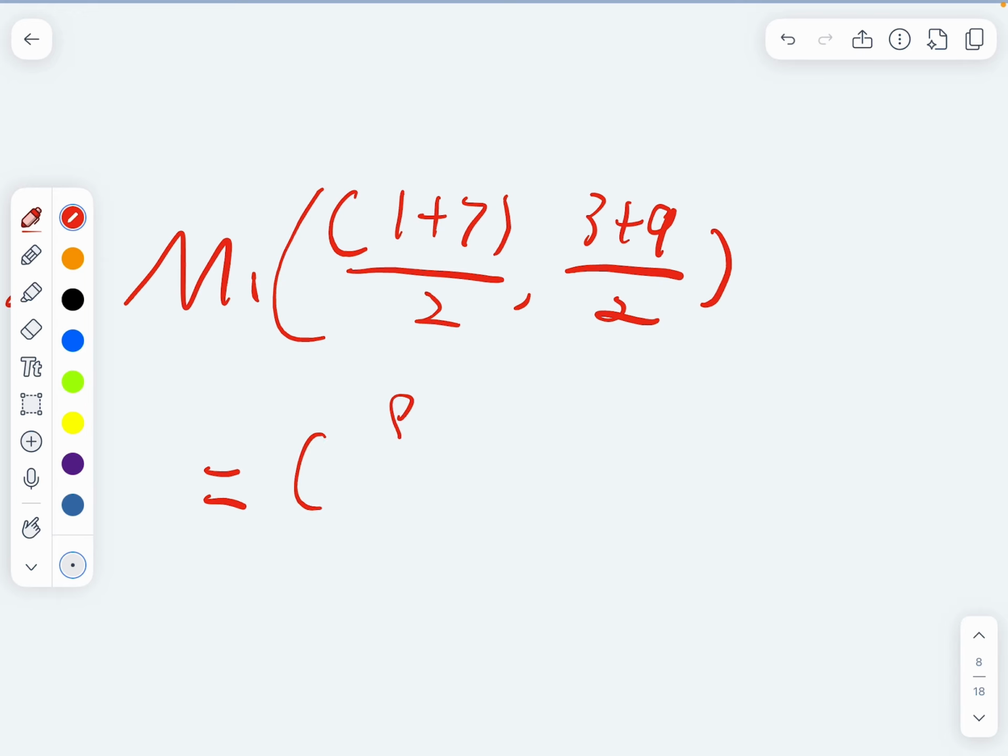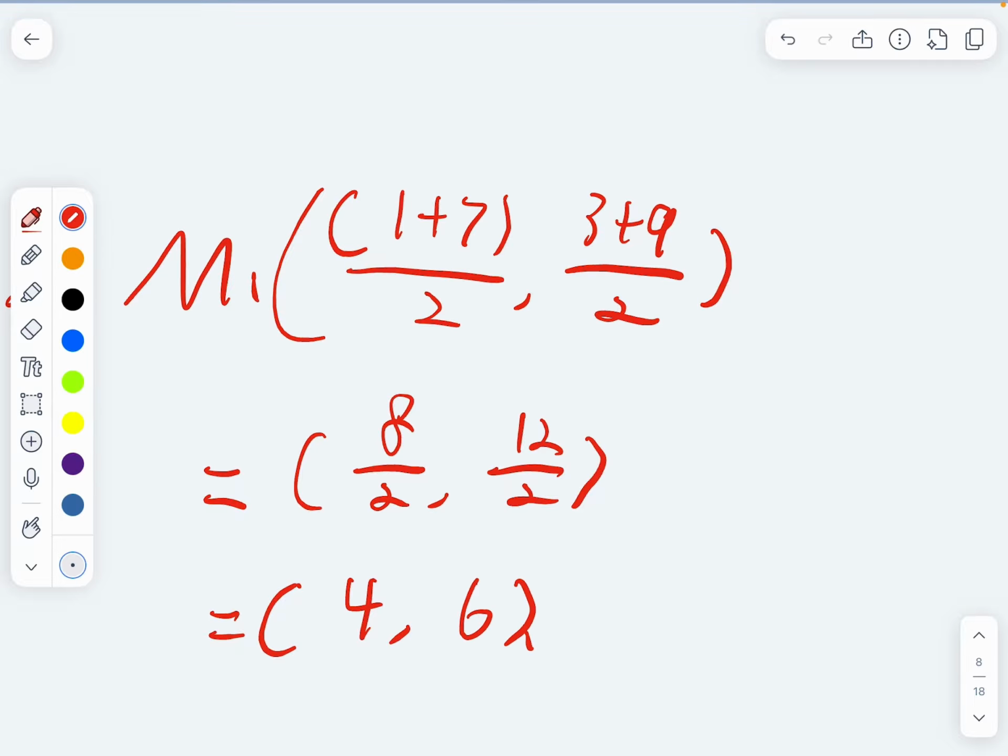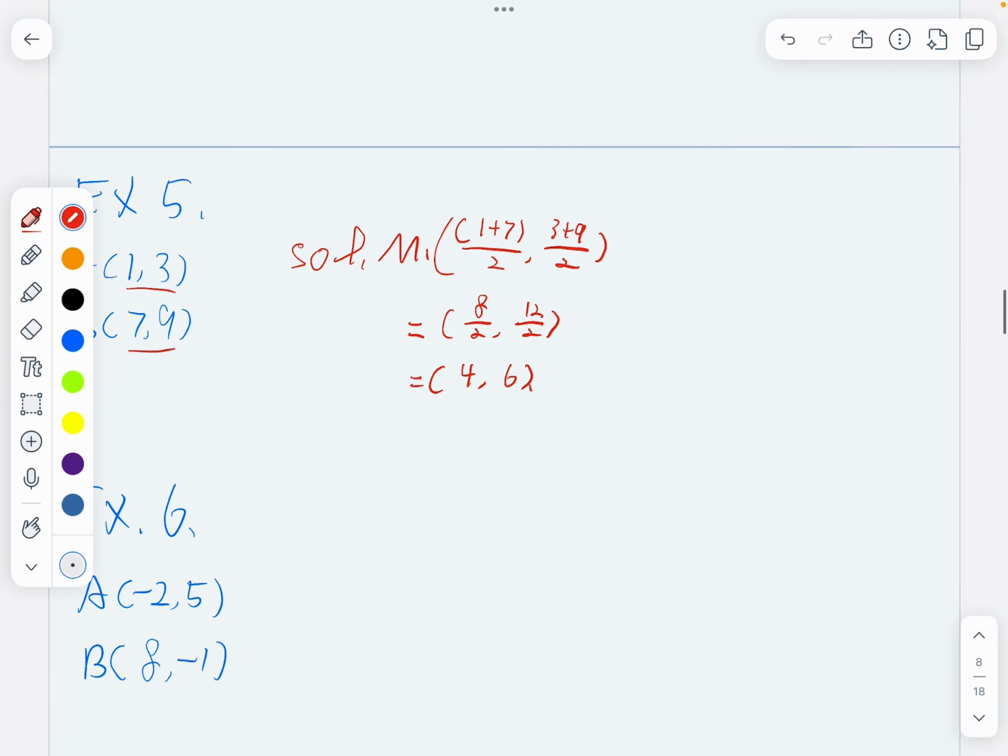That will be 8 over 2 and 12 over 2, which simplifies to (4, 6). So now we have solved the midpoint of this one.